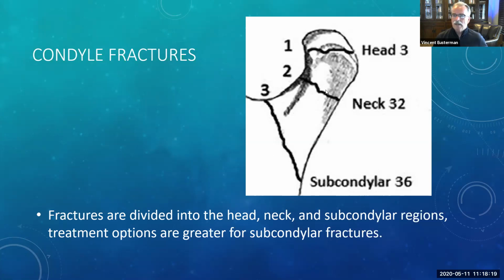Certainly, treatment of the head and neck are difficult. The subcondylar fractures are fractures that go below the coronoid notch down posteriorly, as this is indicated. These are ones that we generally treat. These can be treated by open approach, but put at risk the facial nerve.